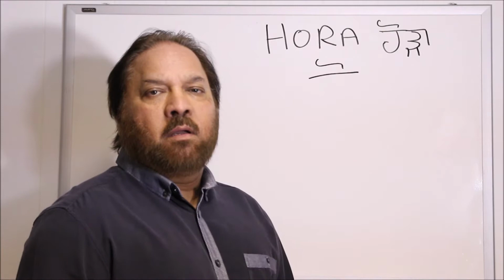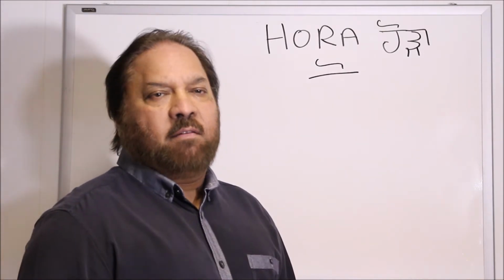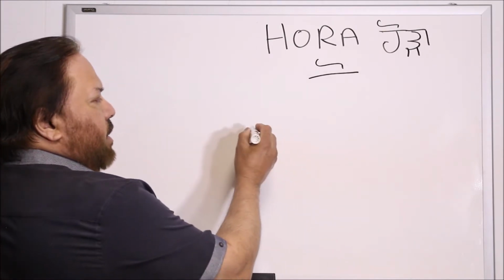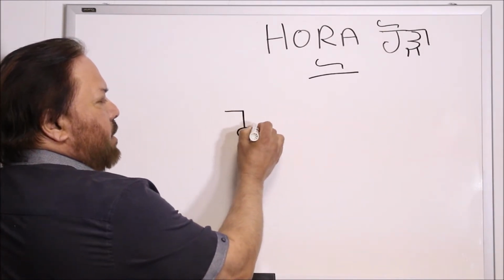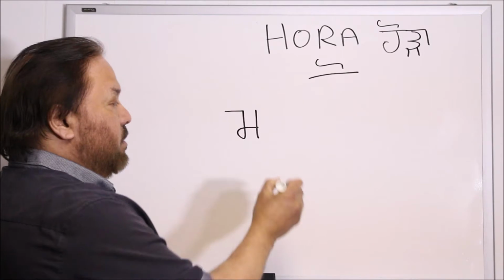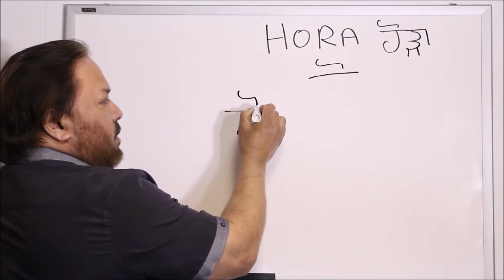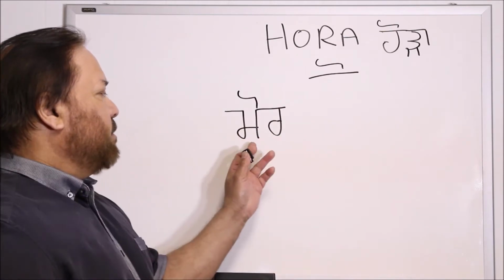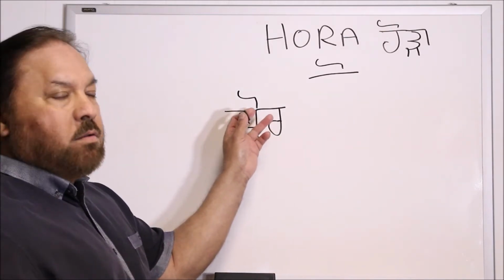If you remember these alphabets, 35 letters, first I can say mor. Something like this: Mama for M, and Hora on the top.